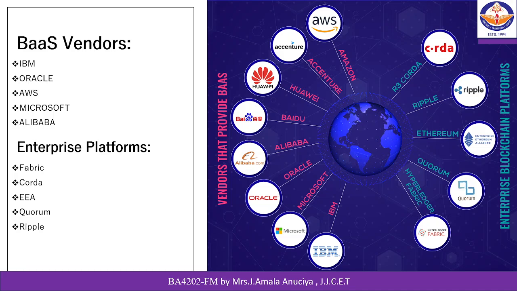BaaS is crucial to the industry as it enables small players to use blockchain without building blockchain from scratch. Popular vendors that provide BaaS include the following: first IBM, second Oracle, third AWS, fourth Microsoft, fifth Alibaba.